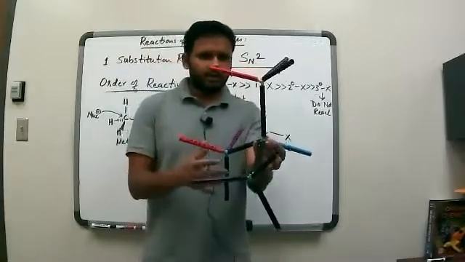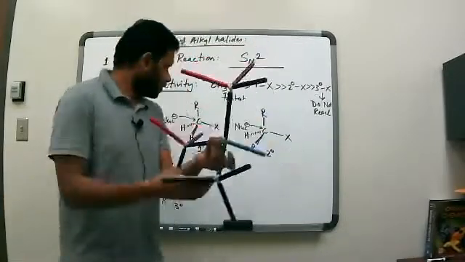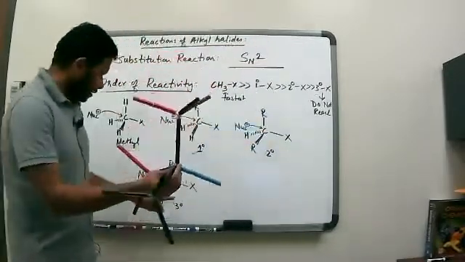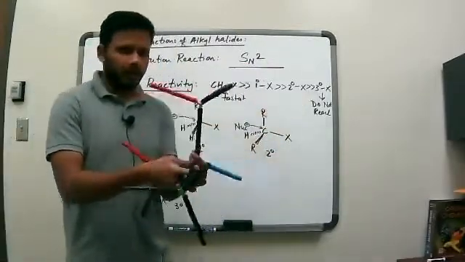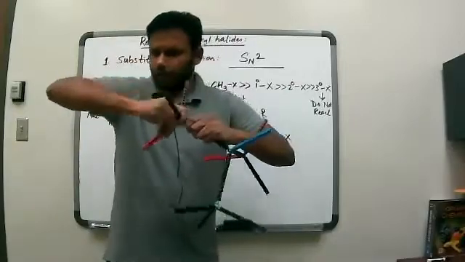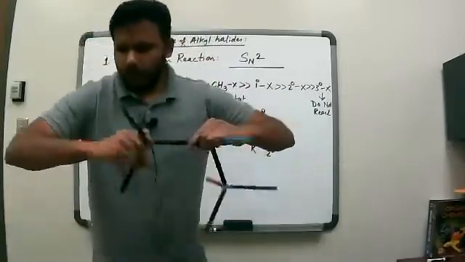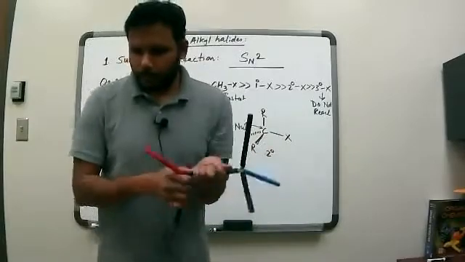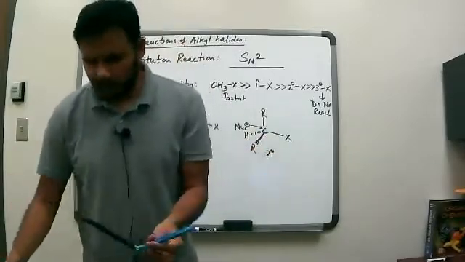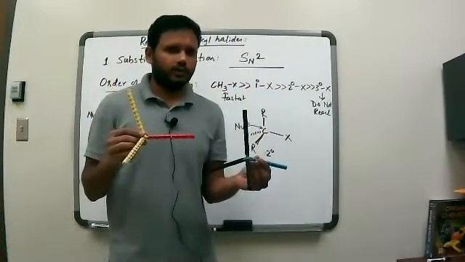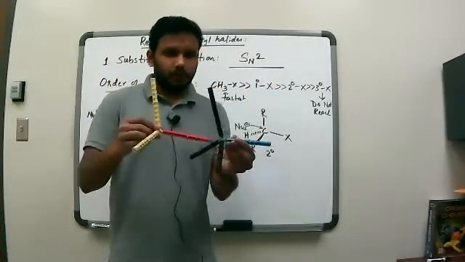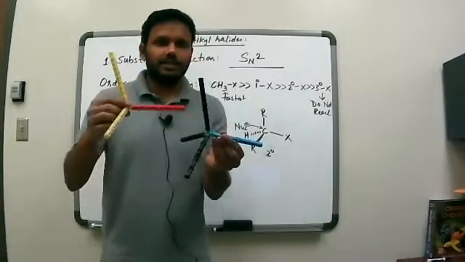So what's different between this, which is a tertiary alkyl halide, does not react, okay? A tertiary alkyl halide does not react. Comparing that to a primary alkyl halide, which is actually the fastest. What's different between both of them? I hope you are thinking of sterics.